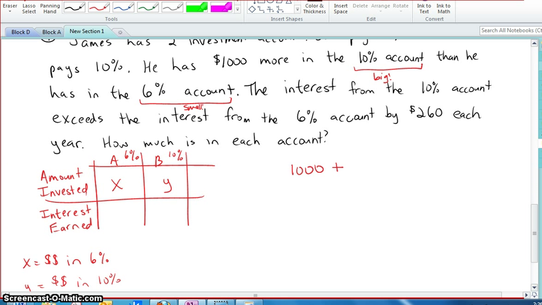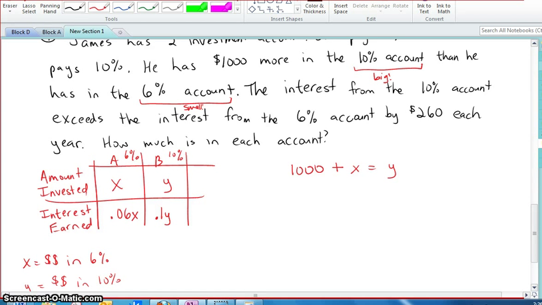So I'm going to do the same thing. $1,000 plus X equals Y. Y is the larger account, X is the smaller account. So if I add the 2 smaller numbers, I get the bigger number. And then it tells me the interest from the 10% account, that is 0.1y, exceeds the interest from the 6% account, that's 0.06x, by $260 each year.